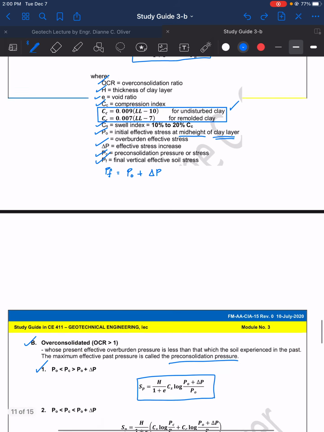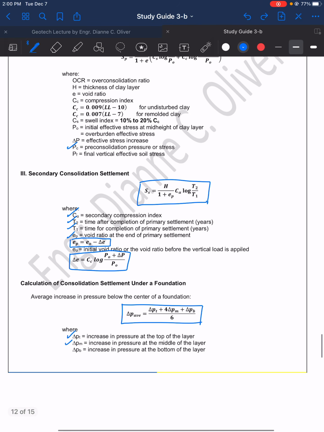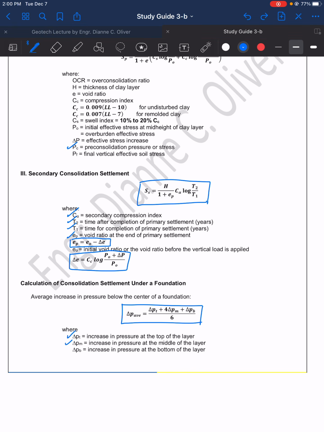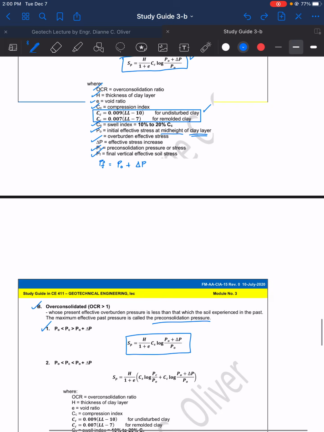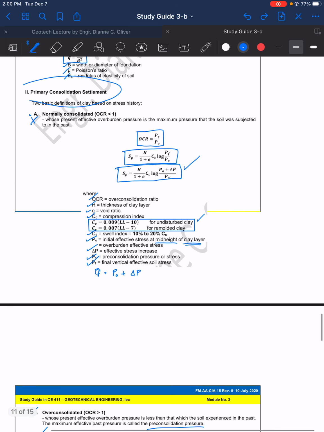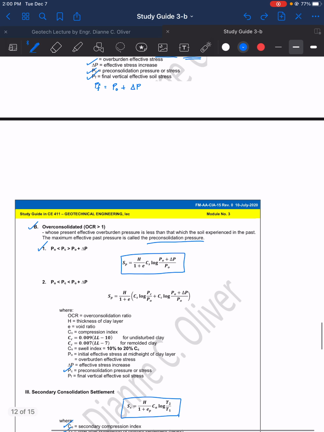Let's go to the third one, secondary consolidation settlement. Did the problem mention time? No. Remember, for the secondary consolidation settlement, we are concerned with time, and there's no mention in the problem. So we will settle for the second one, the primary consolidation settlement. Under primary consolidation settlement, we will choose if it is normally consolidated or over consolidated.